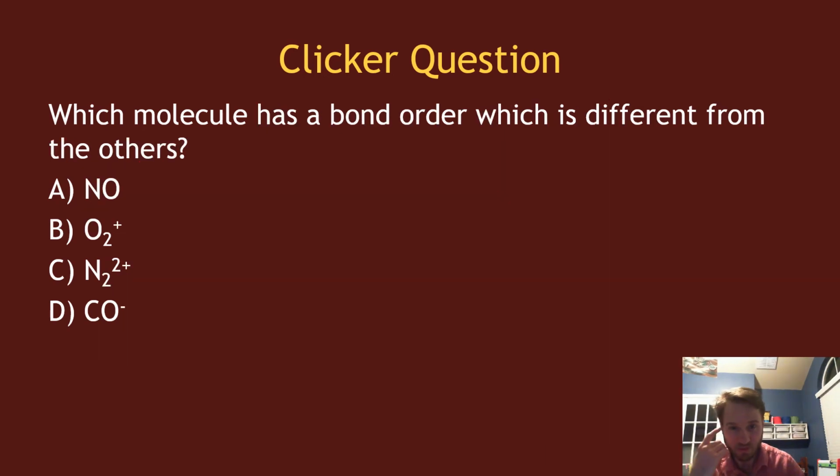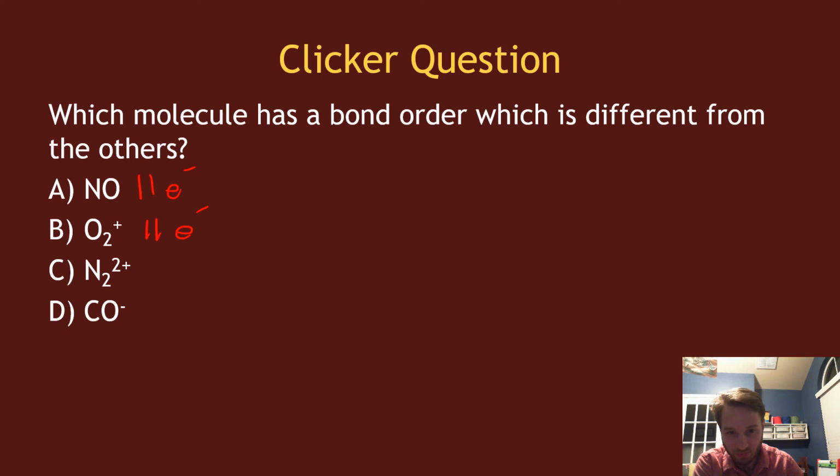Next: which molecule has a bond order which is different from the others? Here I'm just going to first count the number of electrons because it might be kind of obvious from there. So NO, we did that in the last one. NO has a total of 11 electrons to fill in. O2 plus is also going to have 11 electrons.